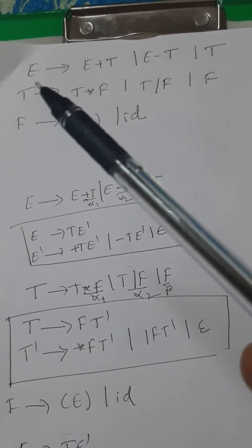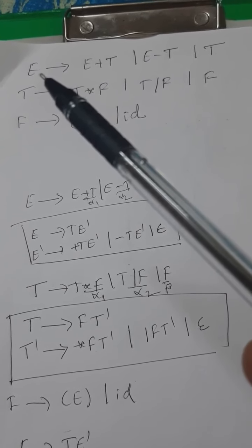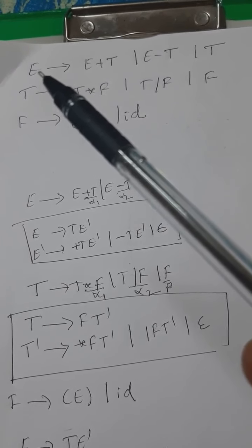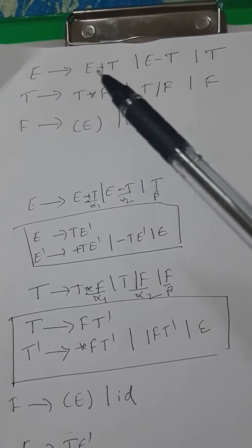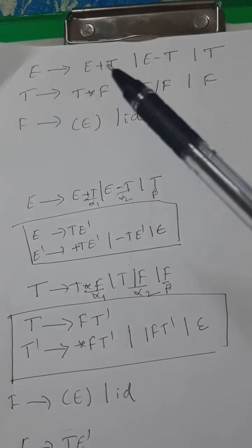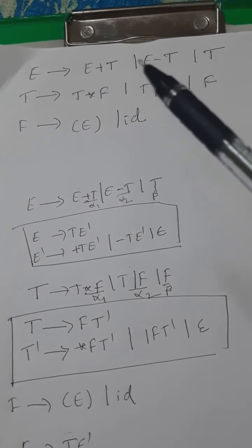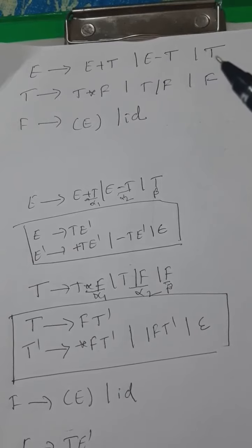When I consider the first grammar production, which is produced by the grammar symbol E, I come to know that the production produced by E has a left recursion. So in total it is producing 3 productions.